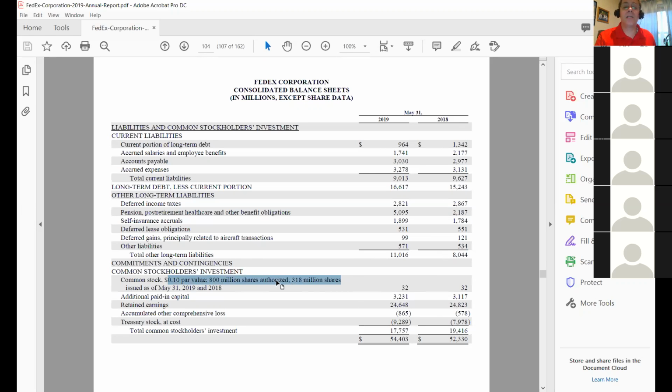Sure. So if I were FedEx, I would announce a 50% stock dividend. At this point in time, where I have 318 million shares issued, I would calculate that 50% of that is half, right? 159. That would be 159 million shares. So everybody who has 10 gets 5 more.